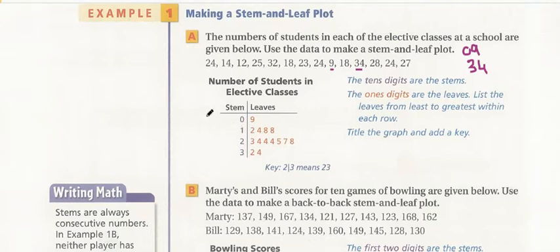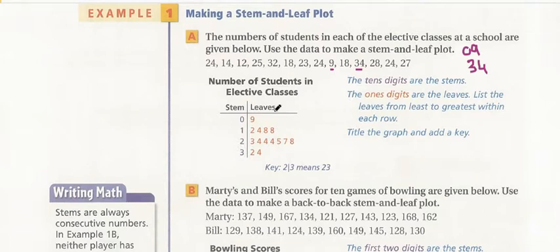I'm going to draw my table, with stem and leaf in two parts. Write from 0 till the greatest number, which is 3, meaning 0, 1, 2, 3, and write leaf and leave it blank for now.